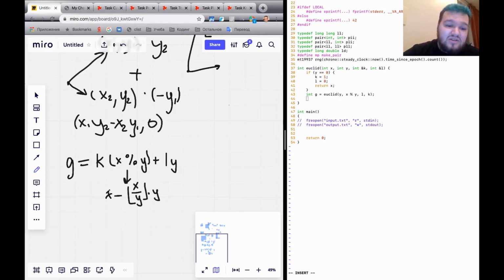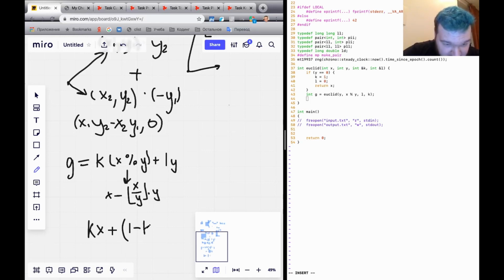And then we can open brackets, multiply k by x, multiply k by this thing, and we will get k times x plus l minus k times x divided by y, multiplied by y.